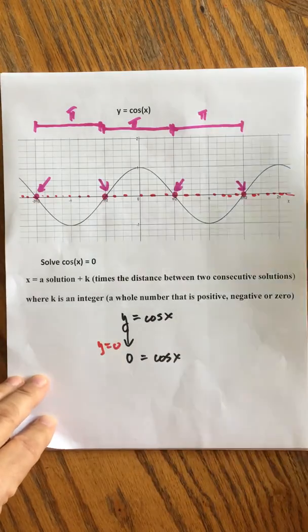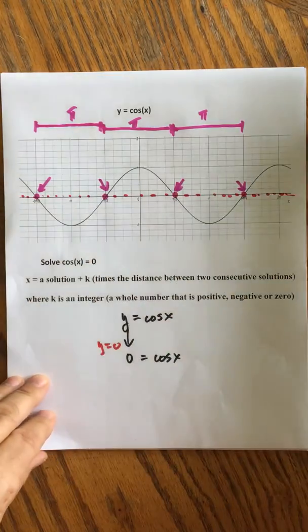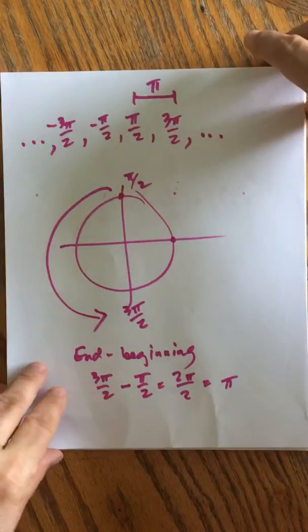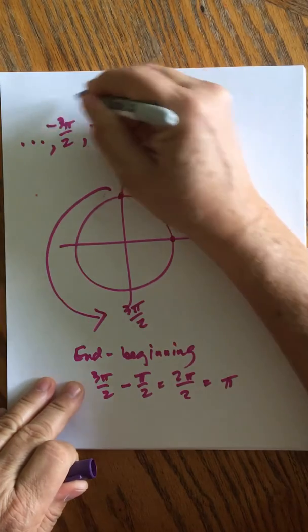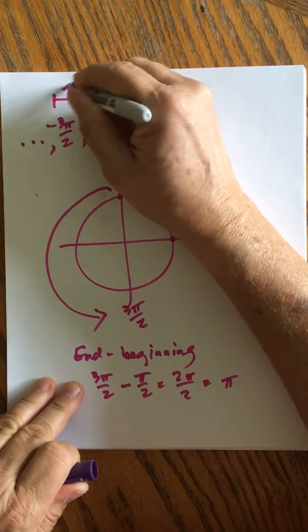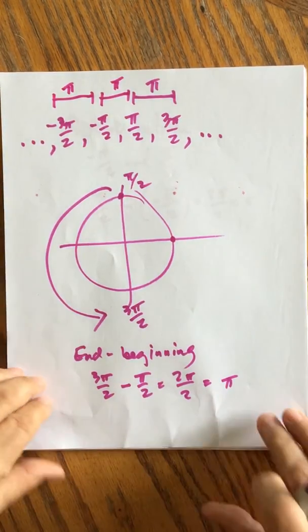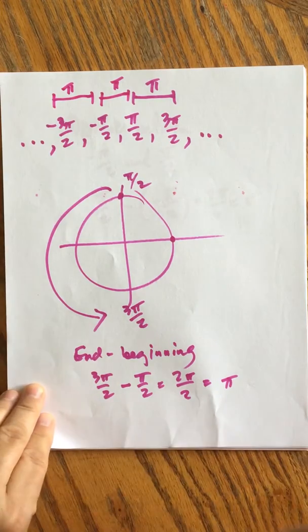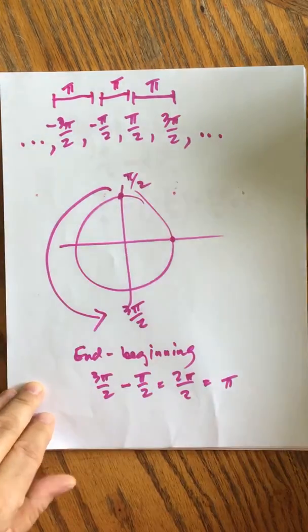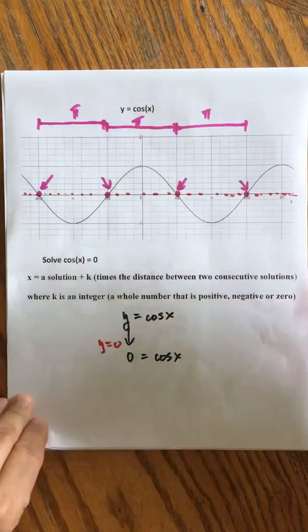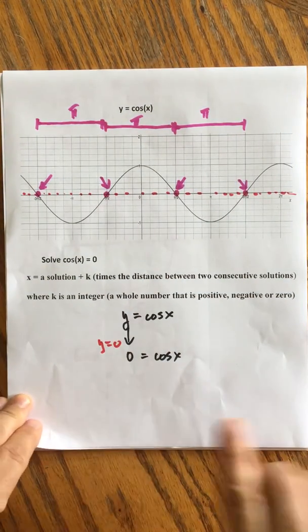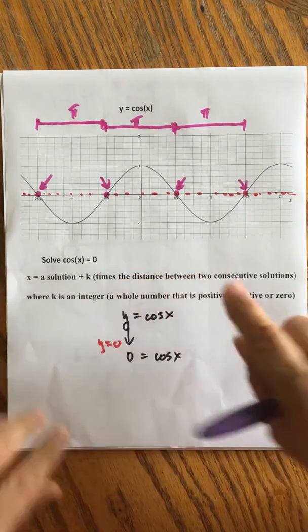Let's take a look then. How do I write this? Let's put our distances here, pi. Do I really want to write it this way? No, there's an easier way. Here's where I'm going to help you learn how to write the solutions in a slightly more elegant way, and it's quicker. All you need to do is start at a solution.